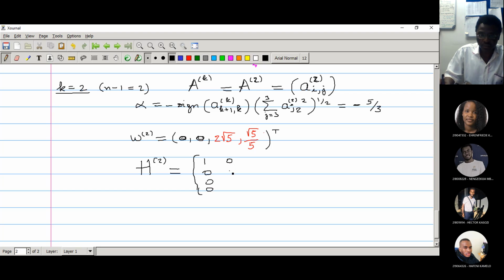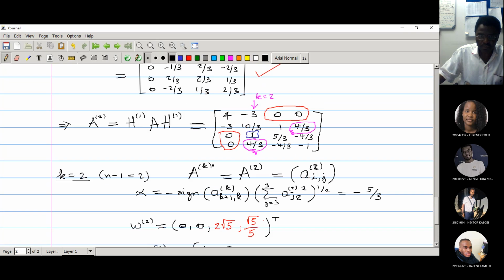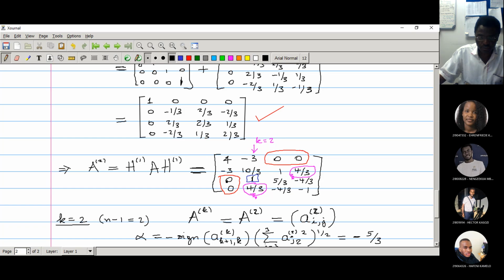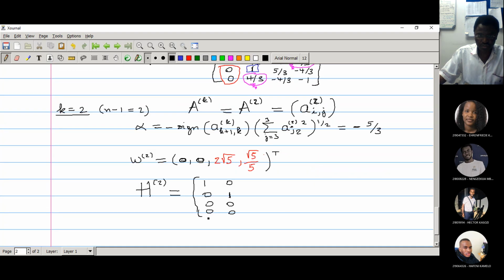And then 0, 1 here. And why are we having this? You see that this is because we want to preserve the first column. So when we multiply, this first column will be preserved. It will be unchanged. And similarly, this first row will be preserved. It will not be changed. So that's exactly what we are trying to do when we fix.